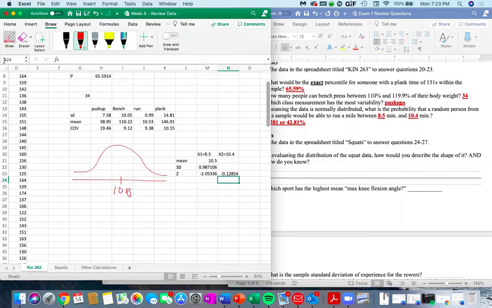The percentile that 8.5 would be at is that, and the percentile that 10.4 would be at, we said was 0.4483. So taking the difference between these two is all we need to figure out what that middle shaded region is.